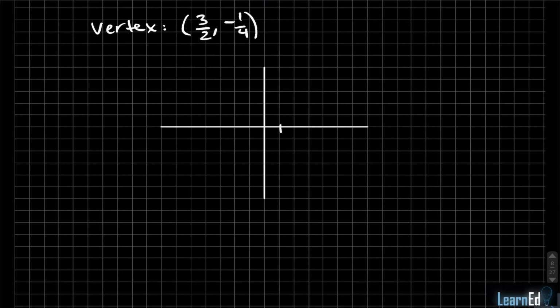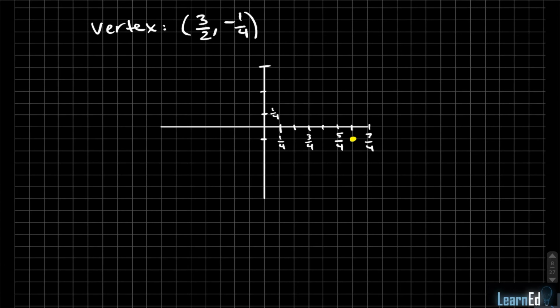So this will be 1/4, 3/4, 5/4, 7/4. Great. And then we'll do it the same way on the y-axis. Okay, so that way we know that 3/2, that's 6/4. So our vertex will be right here.